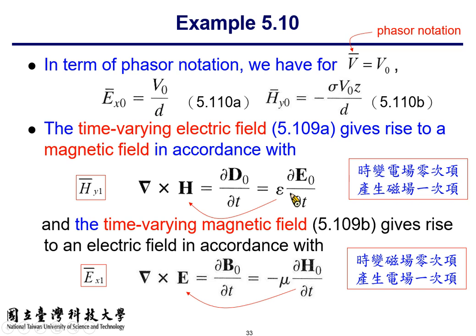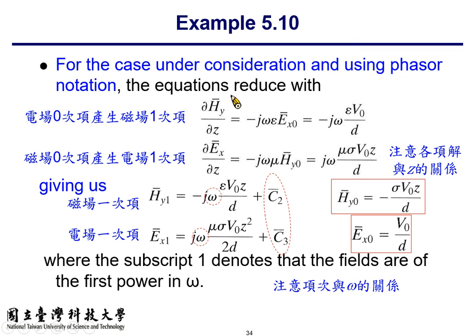So what is the result of the first order term due to a time variant voltage source? So let's check this out. Del Hy over del Z equals the time derivative of Ex0, and the time derivative is represented with the j omega term.